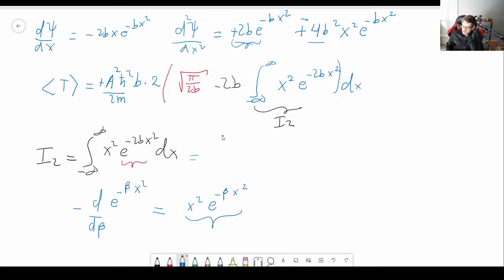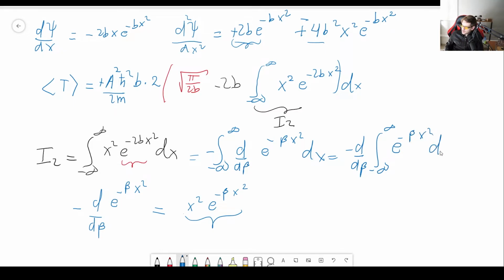Now we get integral from minus infinity to infinity of, well, let's put the minus sign outside, derivative with respect to beta, e to the minus beta x squared dx. And we can pull the derivative outside, right? This integral is only with respect to x. It doesn't affect beta, so we can just pull it outside. There's nothing wrong with that. And we are left with a Gaussian integral.